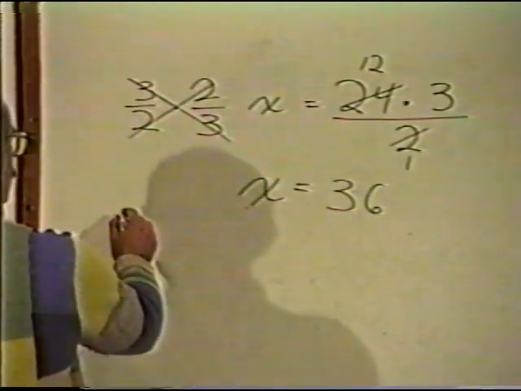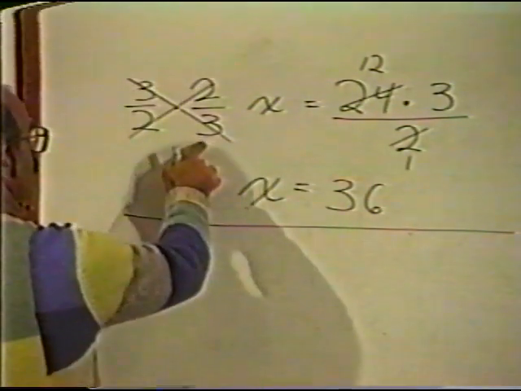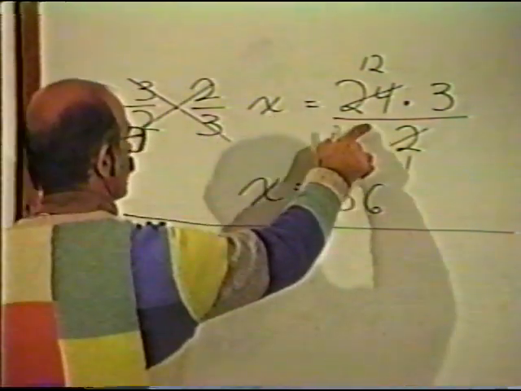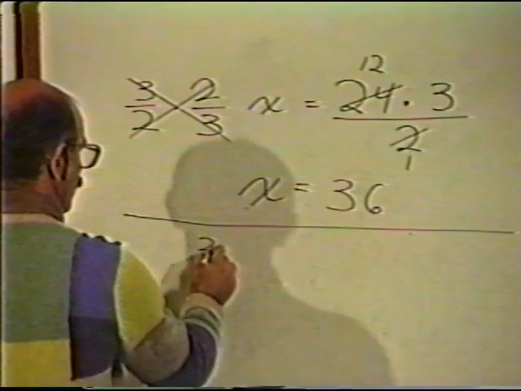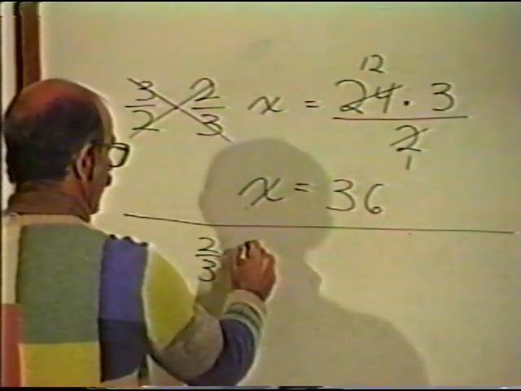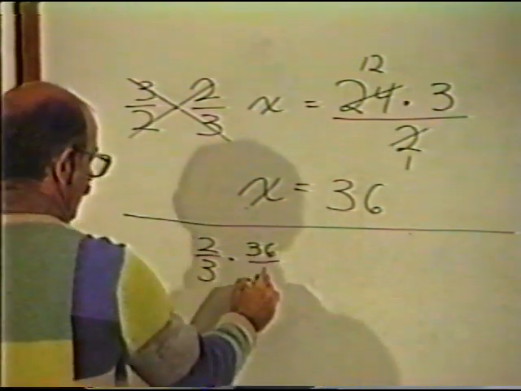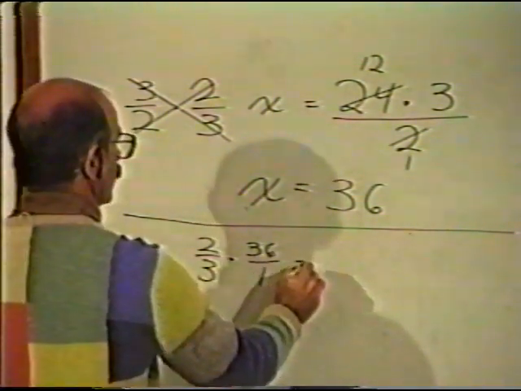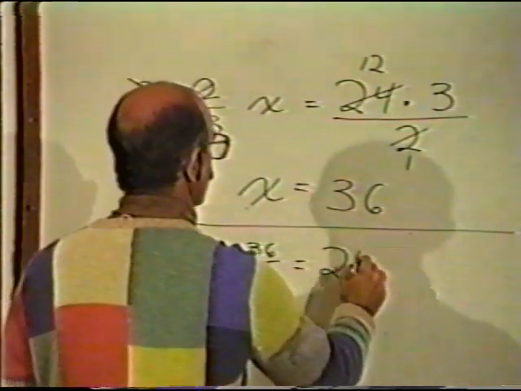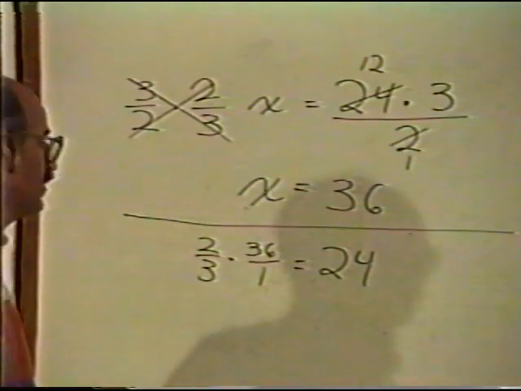Now we're going to do the check. The original equation was 2/3 x equals 24. 2/3 times x, which we found out is 36, and we'll just put it over 1. And that's supposed to equal 24. Let's see if that's so.